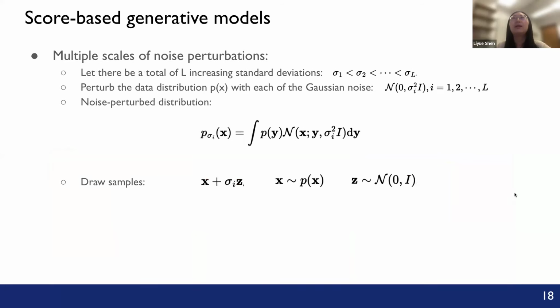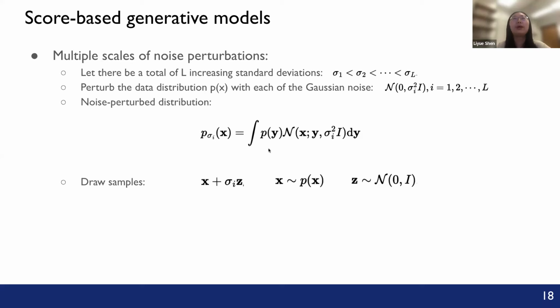So in order to do this, in the first papers about this kind of score-based generative model sampling design, the authors proposed the idea to add multi-scale noise perturbation. Which means that if we assume we have a set of noise perturbations with an increasing standard deviation, as shown in the series of sigma here, we can perturb the original distribution p(x) with the increasing standard deviation of Gaussian noise, as shown in this new perturbed distribution.